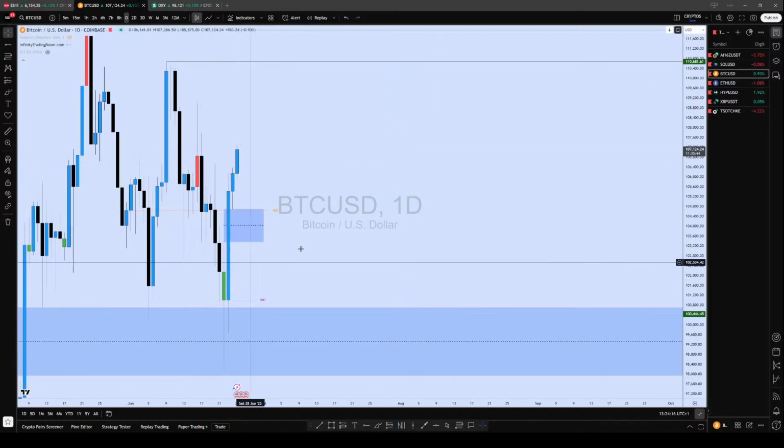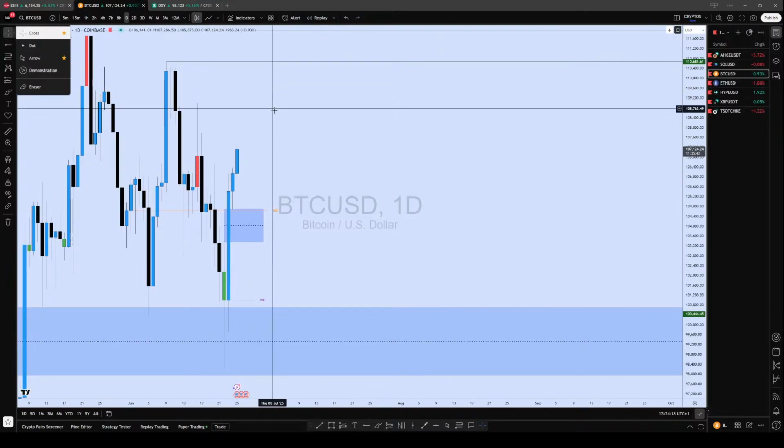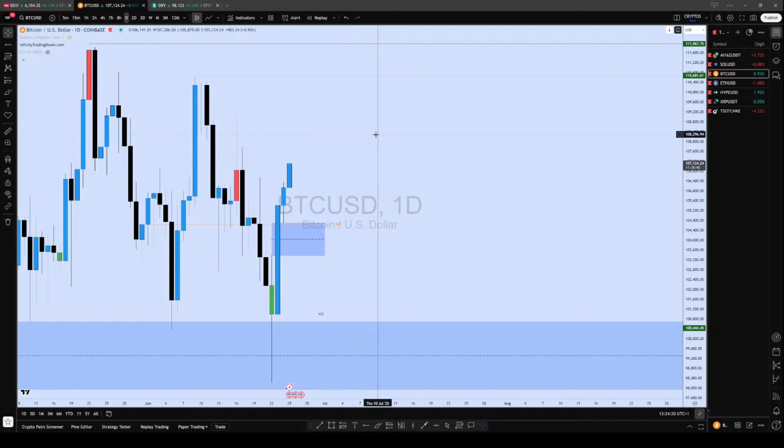our crypto market, and let's start with Bitcoin. So Bitcoin did eventually create the fair value gap. So as I said, if that is created, 110681 will be the draw on liquidity.